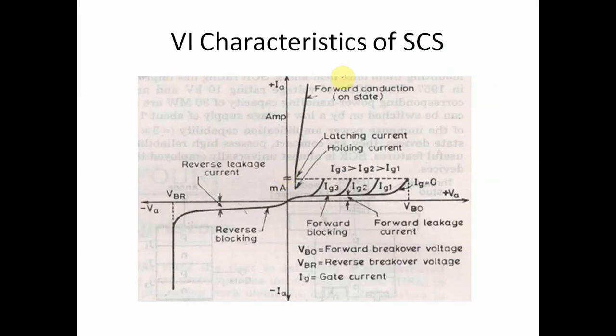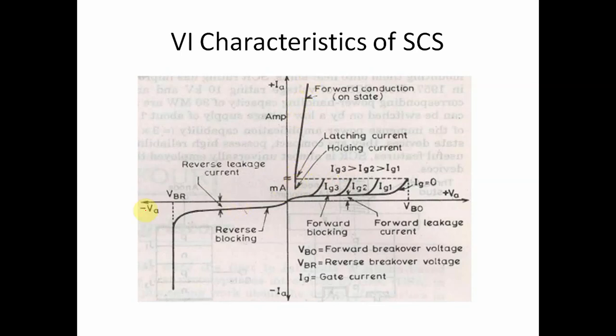See here, this is the VI characteristics of SCS. As the forward voltage increases, the forward current increases by a small amount. This current is called the leakage current. When the forward voltage reaches the forward breakdown voltage, avalanche breakdown is generated and SCS is turned on.